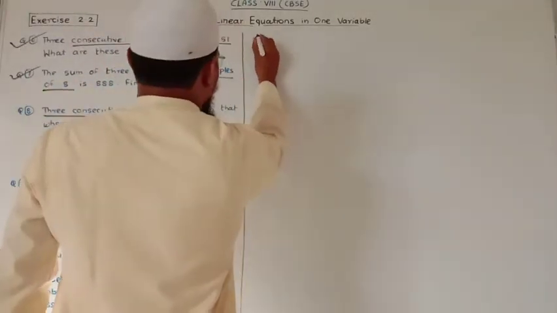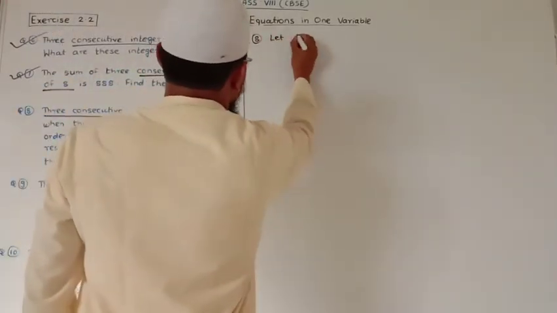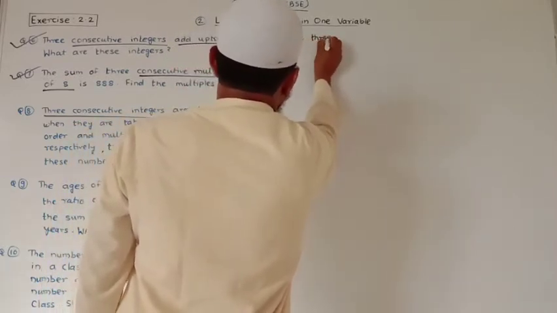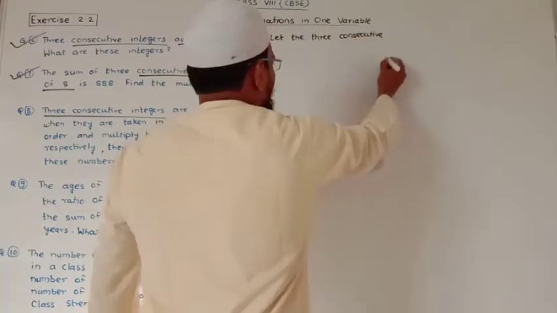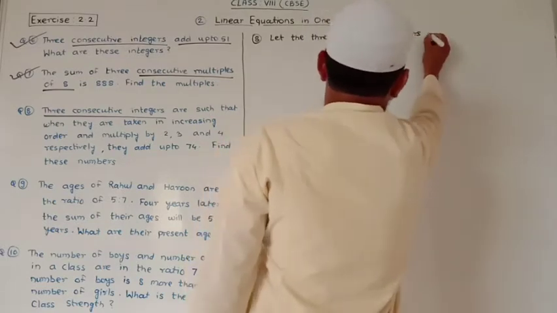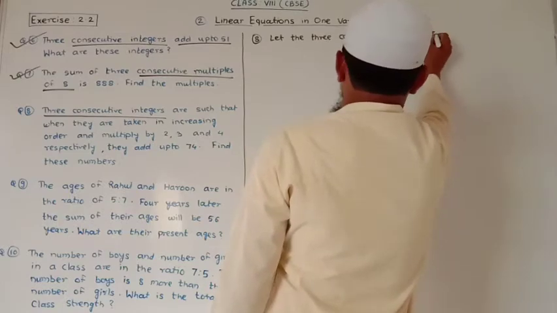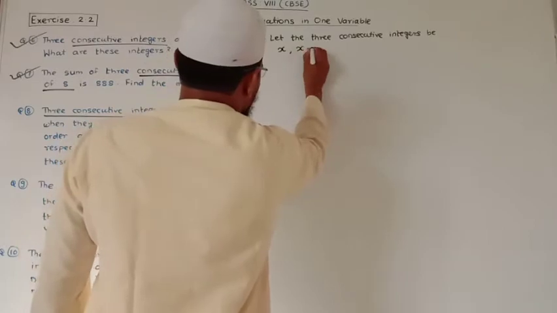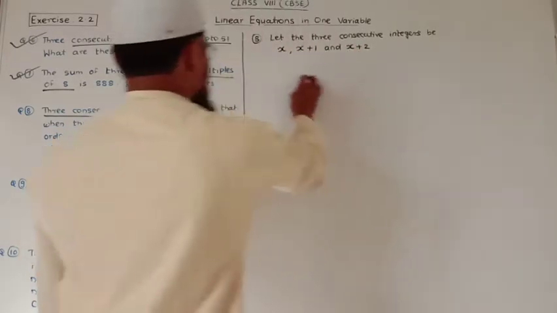So here the solution of 8 is, let the 3 consecutive integers be x. First we consider x, second is obviously x plus 1 and third one is x plus 2.